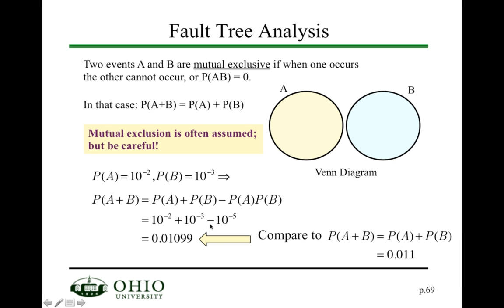You see that this is small compared to 10 to the minus 2 and 10 to the minus 3, so often it's ignored. If you work it out, it becomes 0.01099. If you compare it to just ignoring this AND term, in other words assuming it's mutually exclusive, then you see this is 0.011, which is the same if you round it up.